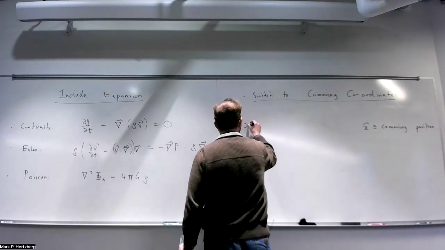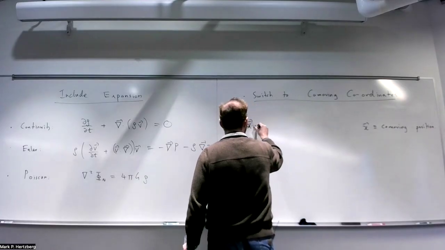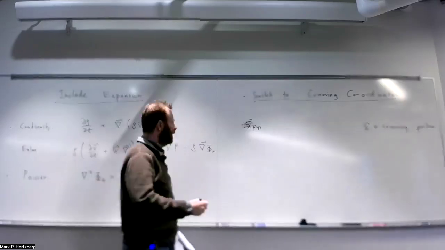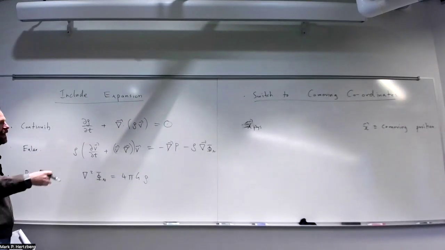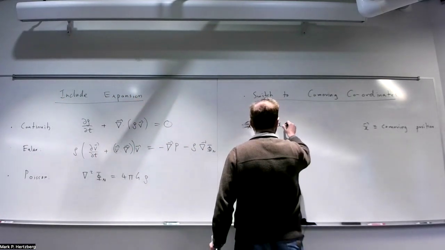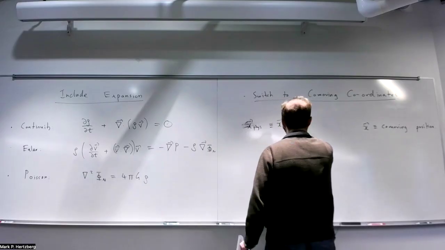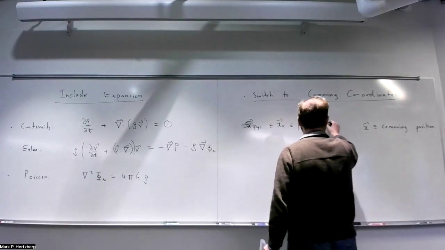And usually when I write physical, I write x sub phys, but I don't want to write phys a million times, so I'm going to just write that as x sub p. That will be the physical position.